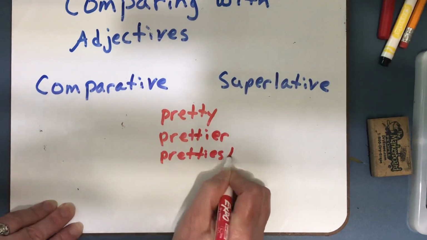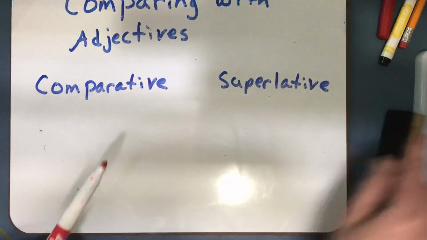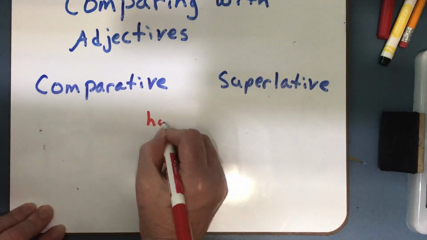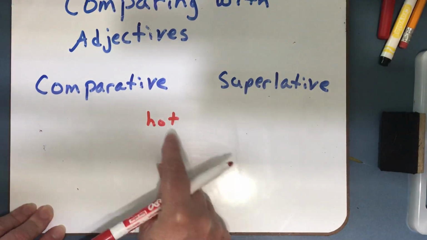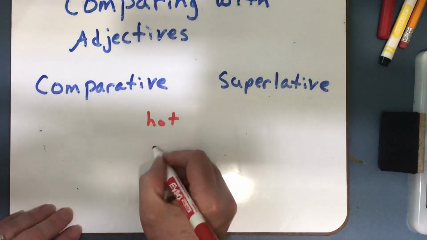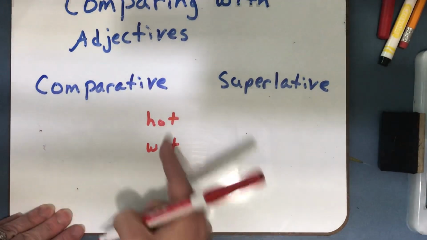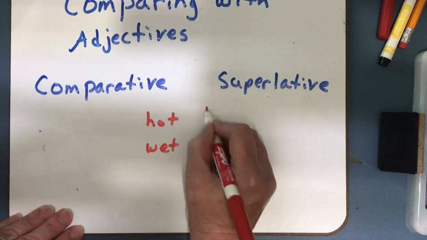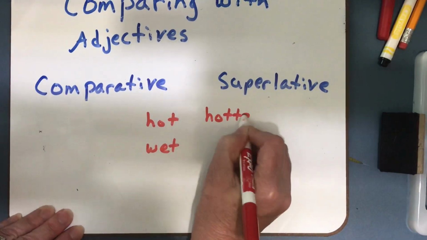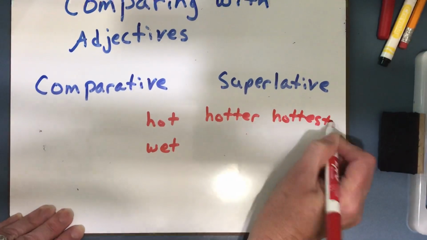Okay? And then we have words like hot and wet. They each end with a single consonant that follows a single short vowel. So for hot and wet, both of those words, I'm going to double the final consonant. So it's going to be hotter with two T's and hottest with two T's.